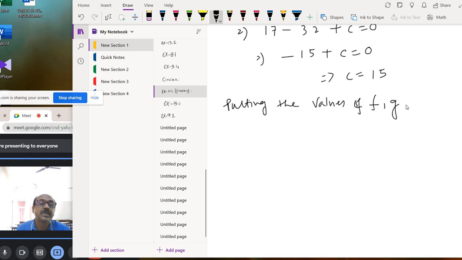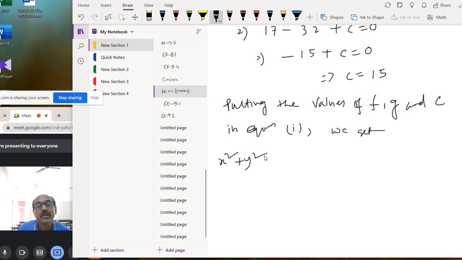Equation 1 is x squared plus y squared plus 2gx plus 2fy plus c equal to 0.